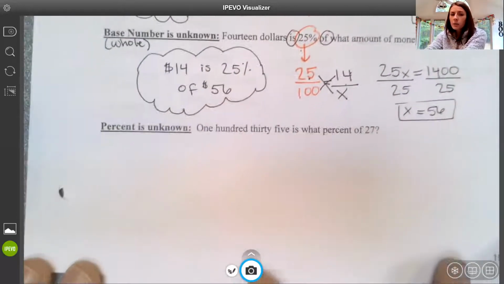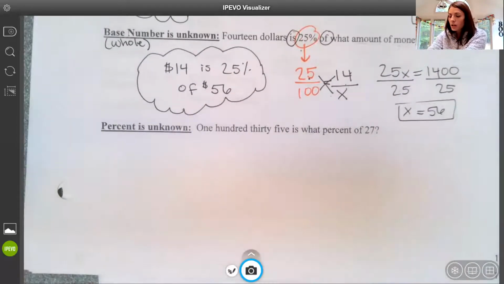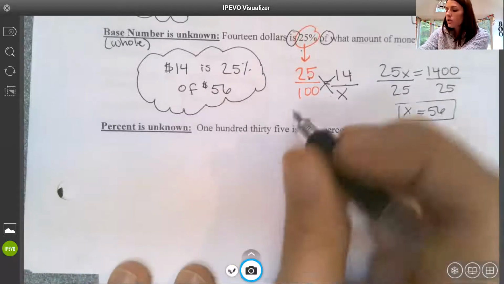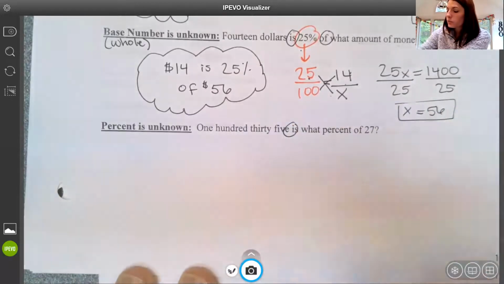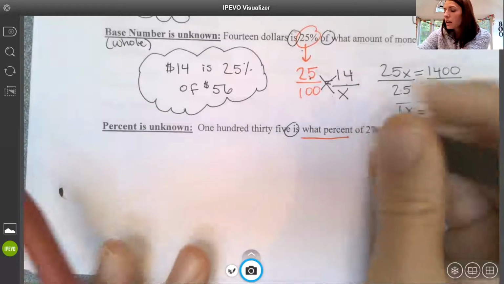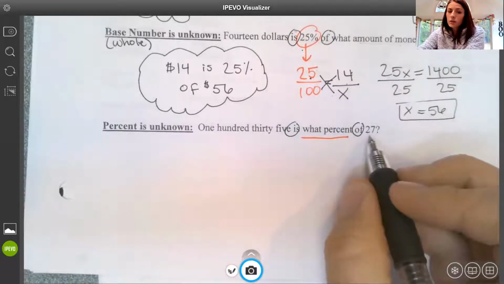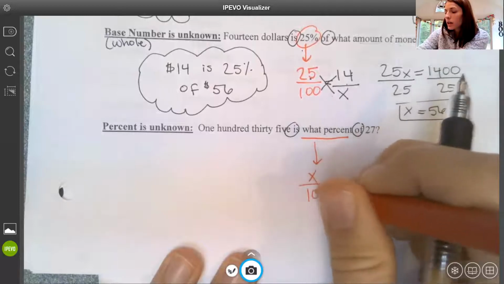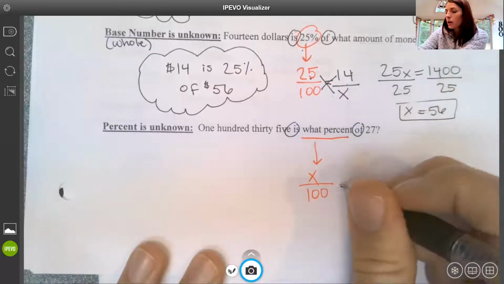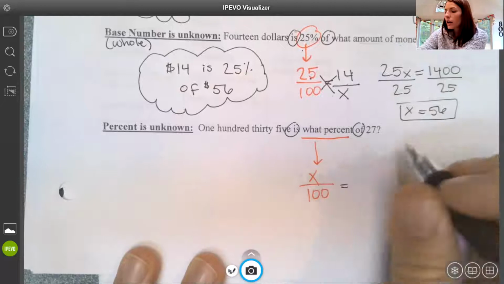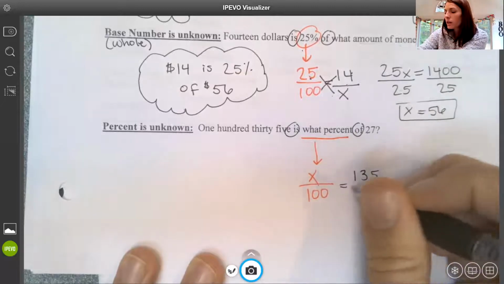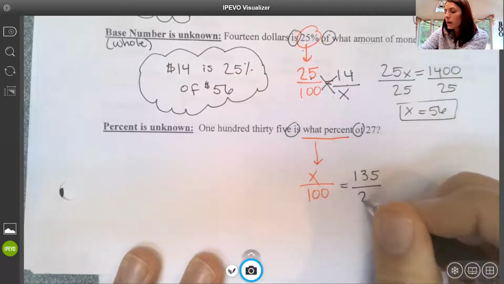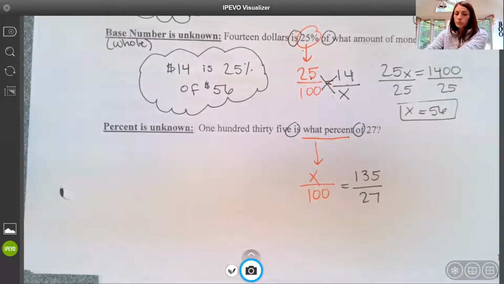The last setup that we may see is that the percent is unknown. So here it says 135 is what percent of 27? Okay, so my percent out of 100 is unknown, and 135 is what percent of 27?